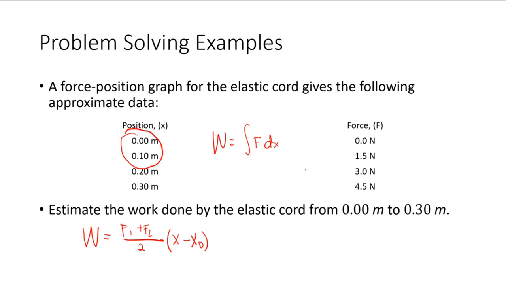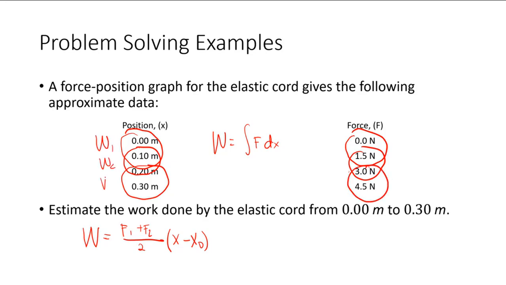This will give us work 1, work 2, and work 3. And for the total work, you can just calculate work 1 plus work 2 plus work 3. Okay, let's start with your work 1.